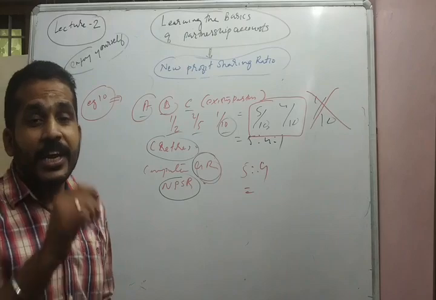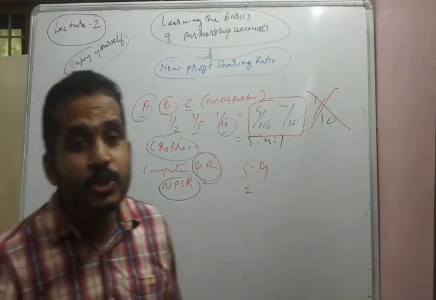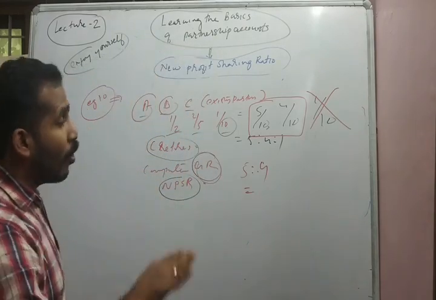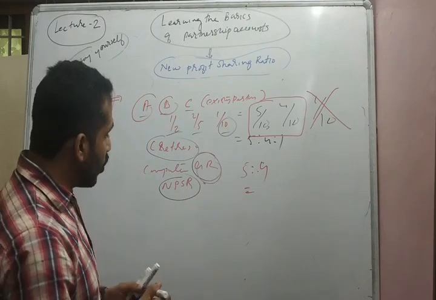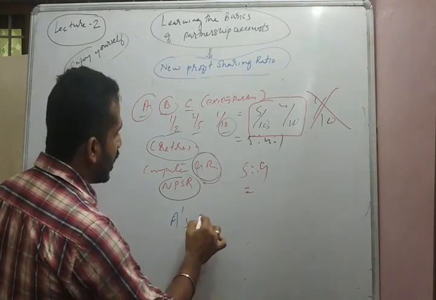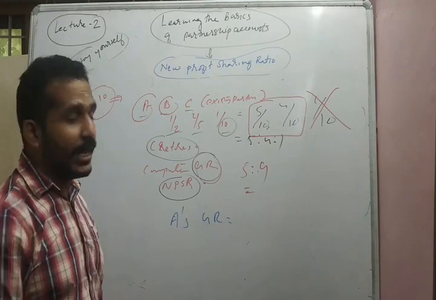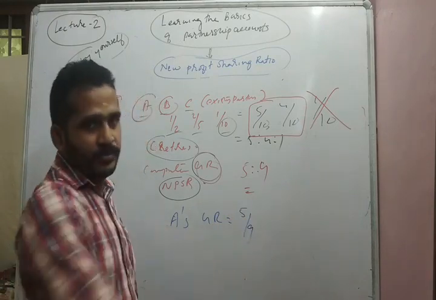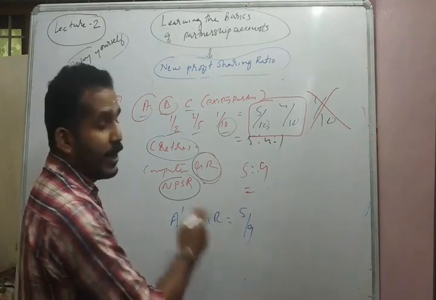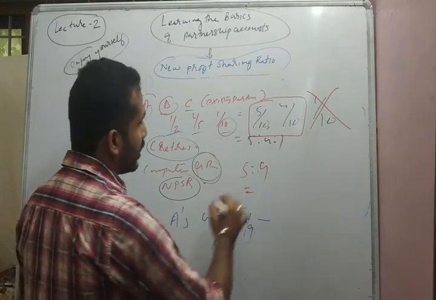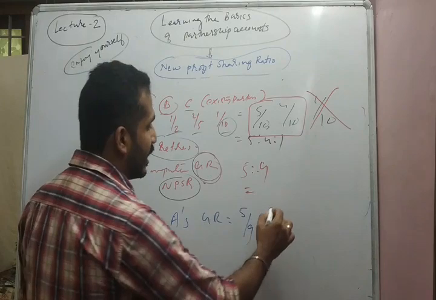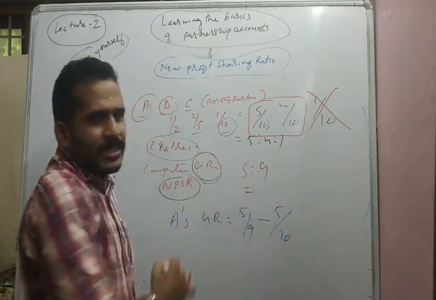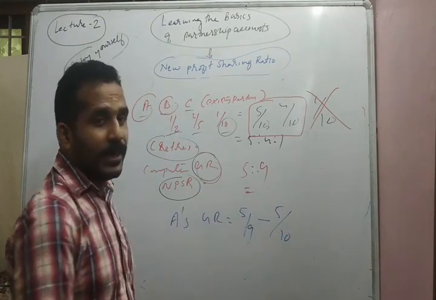How can we calculate? Gaining ratio is equal to new ratio minus old ratio. Both ingredients are available now. So, A's gaining ratio. A's new ratio is 5:4, out of which 5 by 9 is A's share, minus A's old ratio, which is 5 by 10.